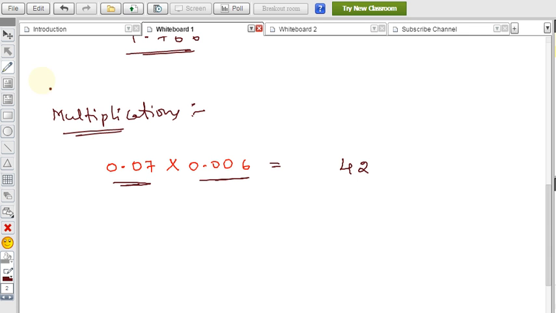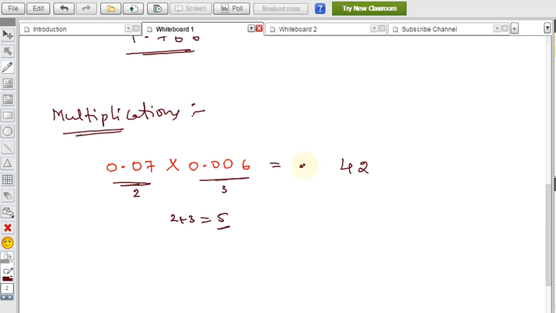Now you can adjust the point. After the point there are 2 digits here, and after the point there are 3 digits here. When you are multiplying, you should add the digits. So 2 plus 3, there are 5 digits overall after the point.